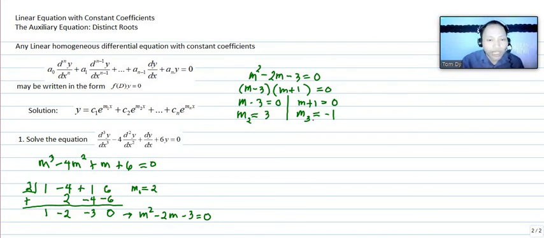Therefore, we will now write the solution using this format. Our solution for this problem is y equals, m sub 1 is 2, so we will write here c sub 1 e raised to m sub 1 equals 2, and then x.